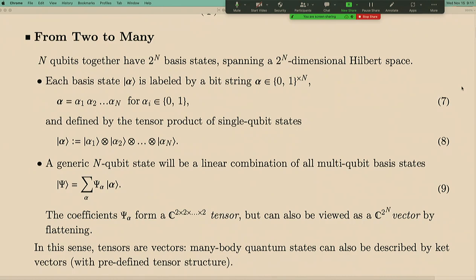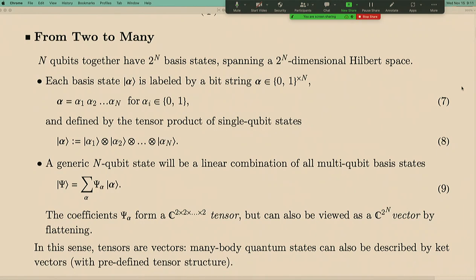Every component of this sequence takes its value from the set 0 and 1. So the total number of these sequences is 2 to the power n. So we can use this sequence to label a many-body state.